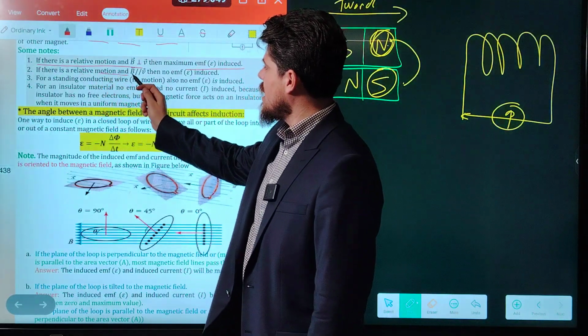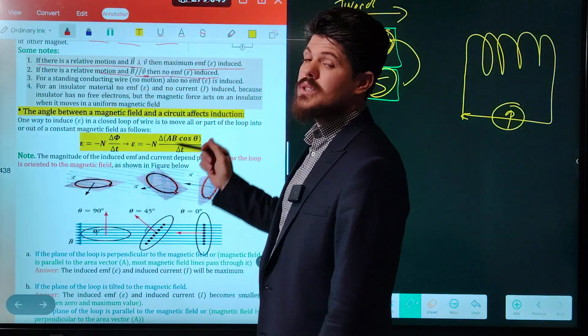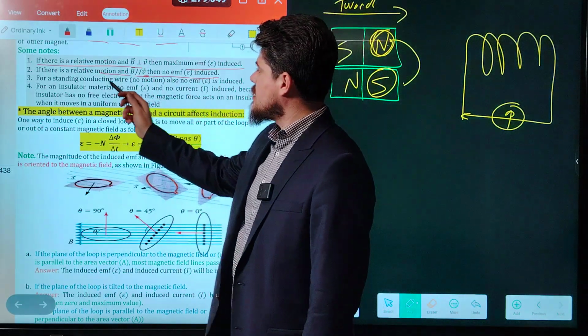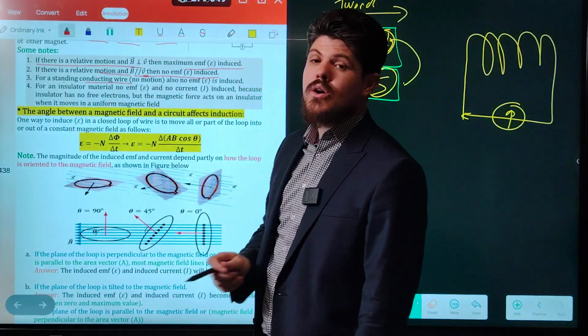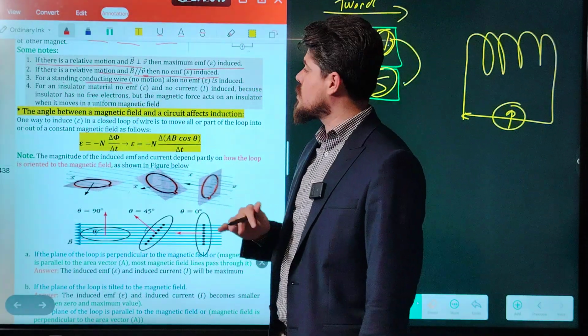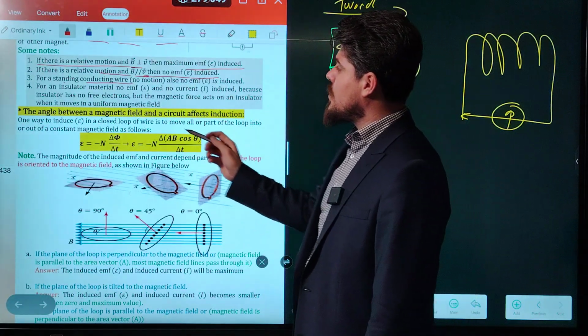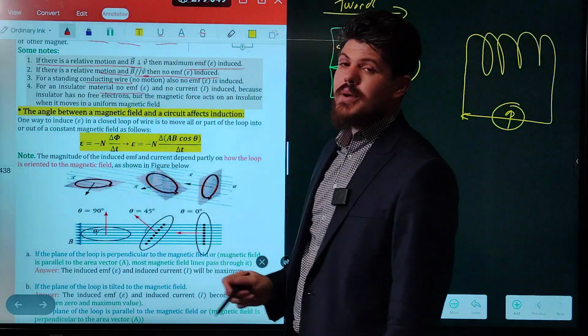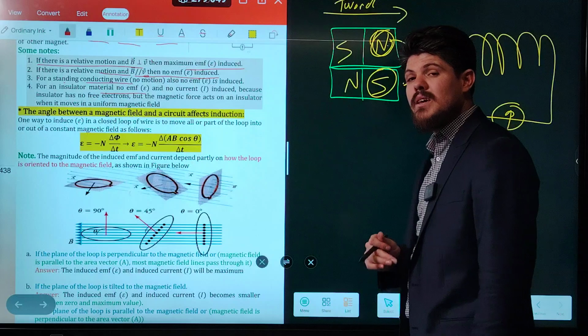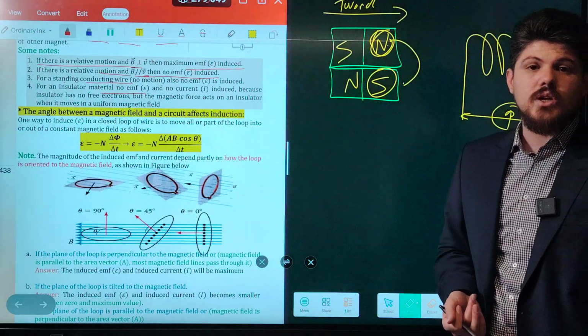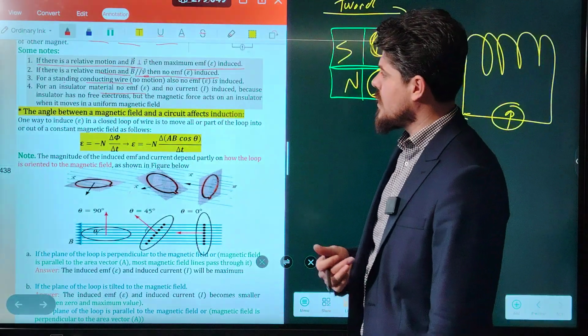If there is a relative motion and B is parallel, EMF is 0. And for a standing conducting wire, no motion, no movement, V is 0, and the electromotive force is also 0.